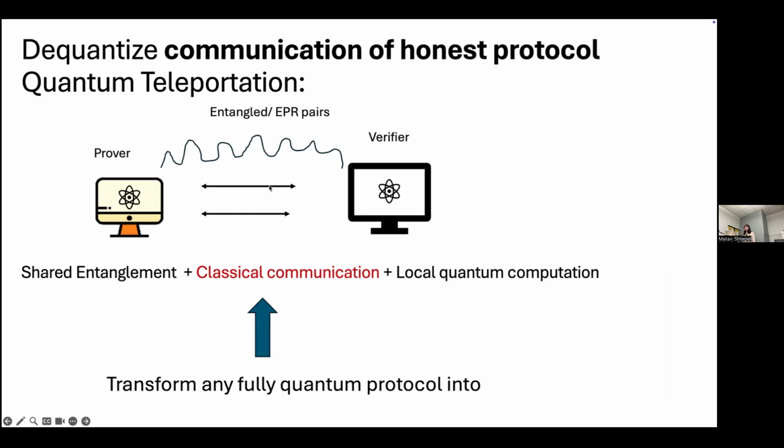This is actually quite a standard quantum thing, but the takeaway is that when you have entanglement, you can use it together with classical communication to replace any need for quantum communication. So now the communication is classical, but on their own end, prover and verifier are still doing quantum computation.